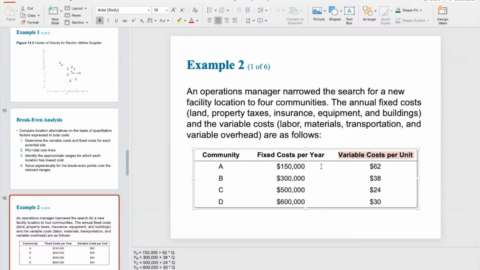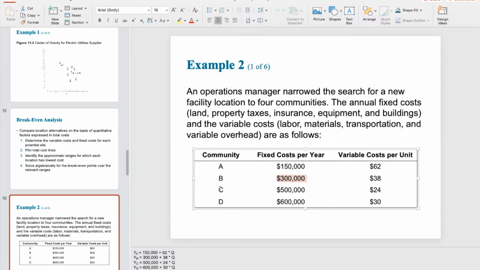Then you add the fixed cost in order to get the total annual cost. If we want to calculate the total annual cost for building our factory at community B, the same logic applies: use $300,000 plus $38 times the corresponding 1,000 units, since your production plan now is 1,000 units.